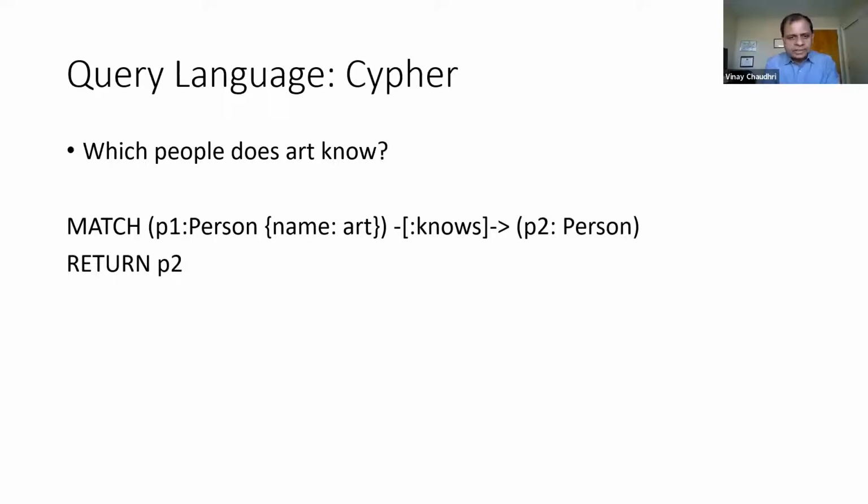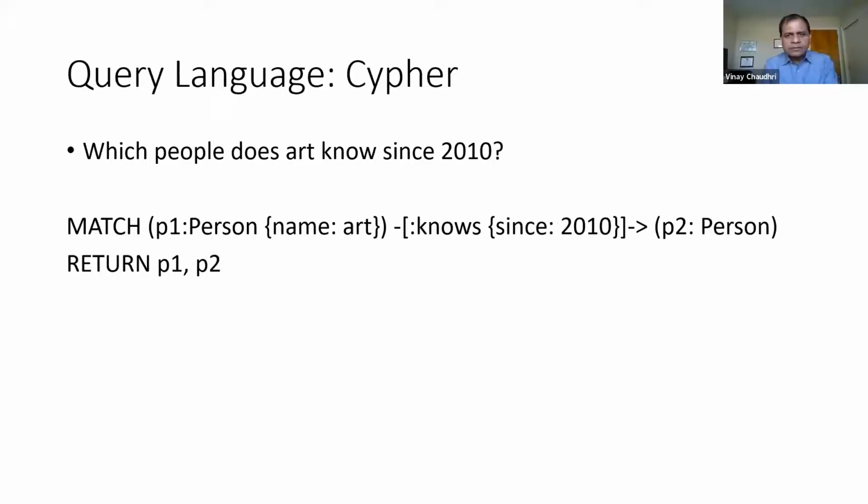Now, as a generalization of this query, let's say we want to ask which people does Art know since 2010. So this is a restriction or constraint on the relation that we are looking for. And we can put that constraint right there as part of the relation in our ASCII notation for the graph pattern.